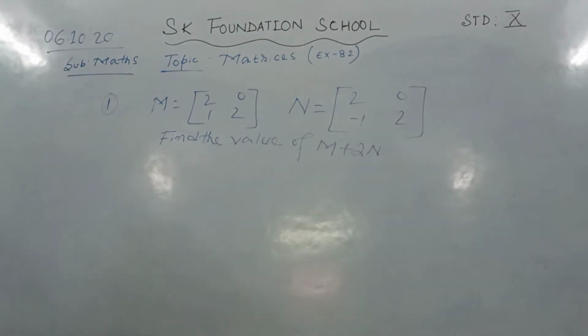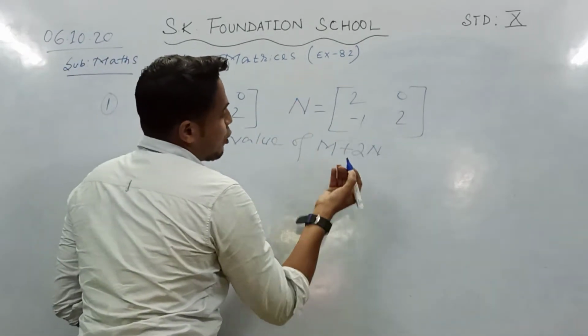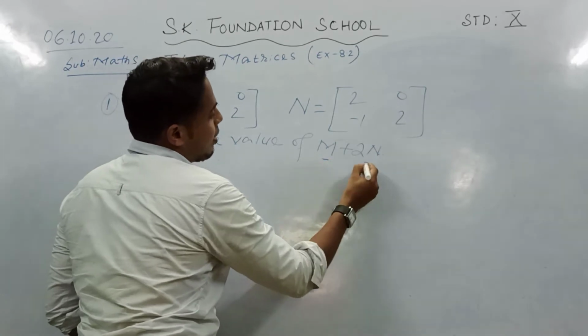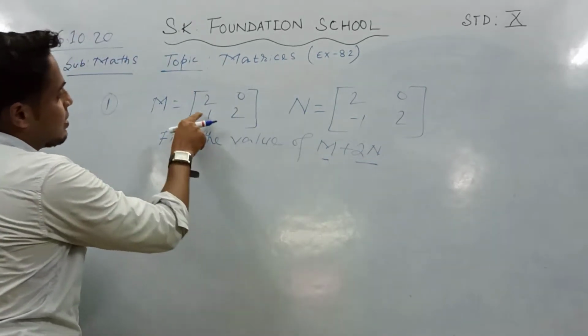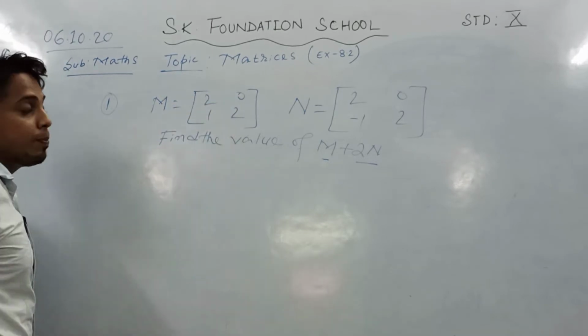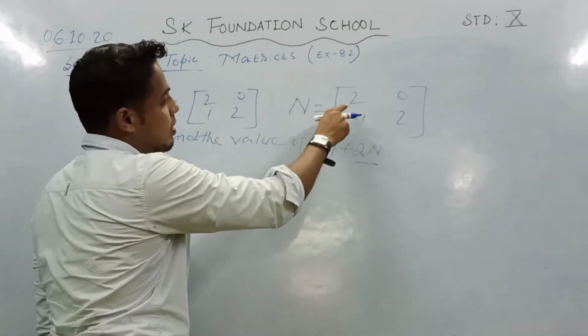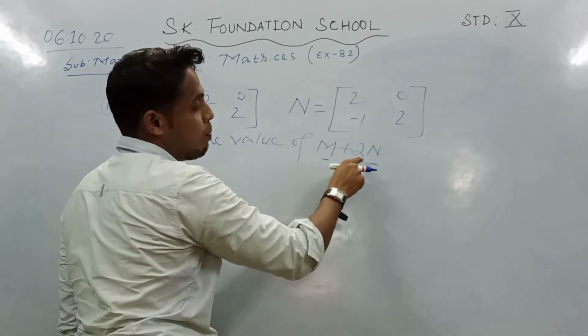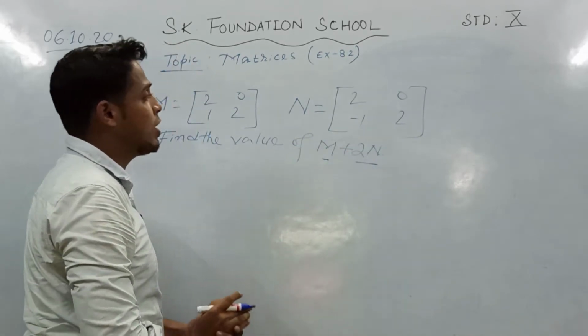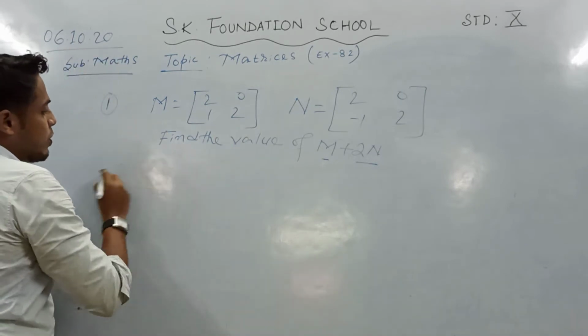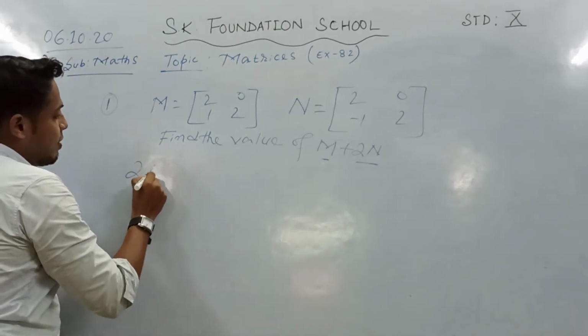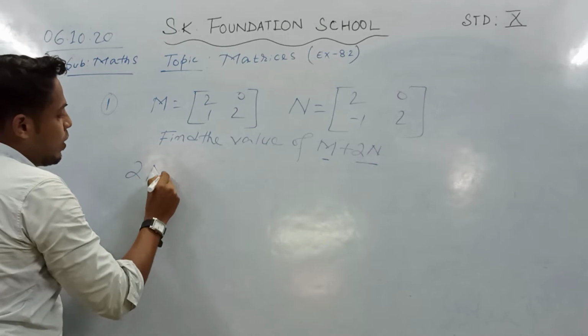So look at it. Here we are going to find the value of M plus 2N. The M matrix is already given here, 2, 0, 1, 2. But only the N matrix is given, 2, 0, minus 1, 2, not 2N. So first we are going to convert this N to 2N.